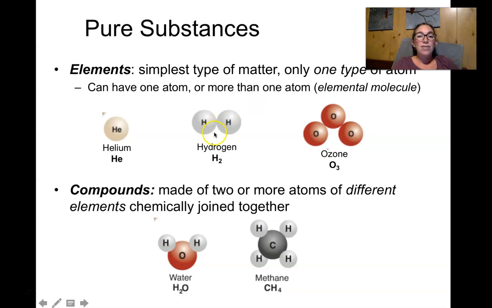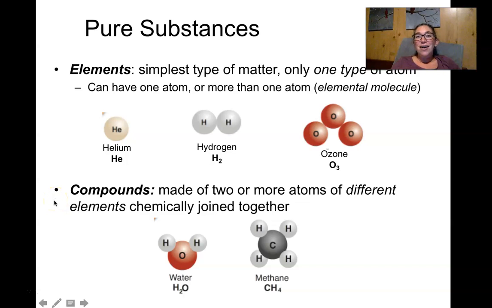But notice in each of these cases, we're just dealing with one element. Doesn't matter how many atoms are in those. If it's one type of atom, then it's one element.